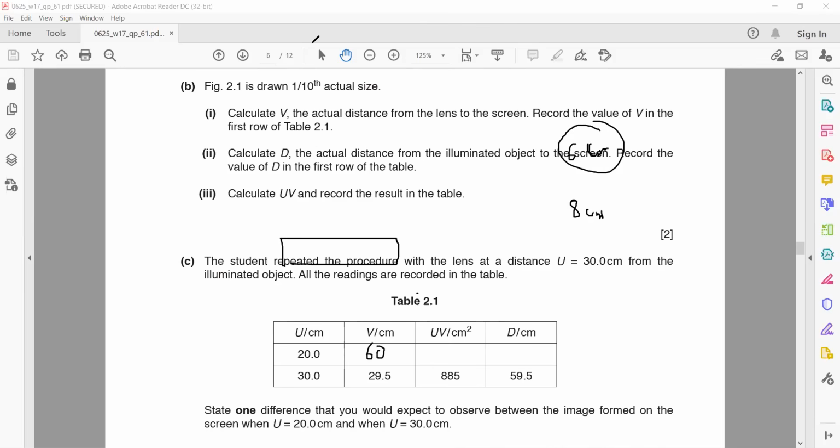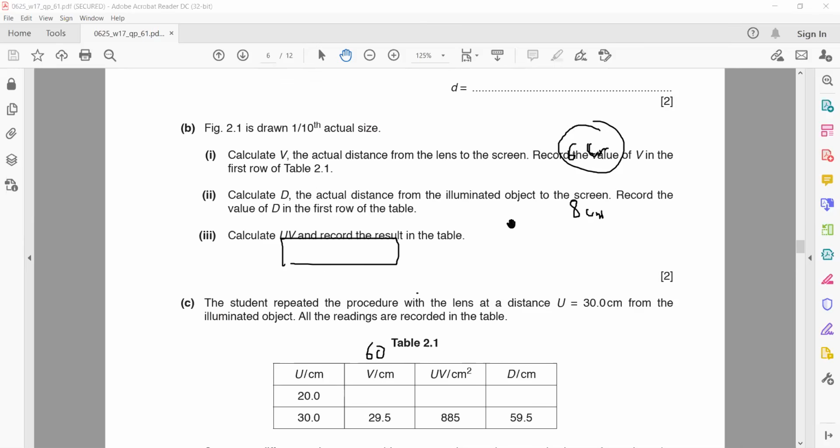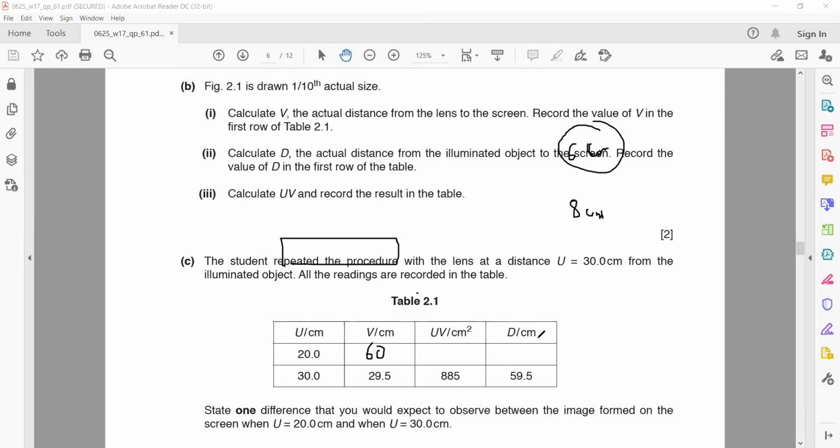And the same thing for D also. Calculate D, the actual distance from illuminated object to the screen and record it. So D is the actual distance, so this will be 60, and the value of D will be 80. Then calculate U multiplied by V and record in the table. When I multiply U with V, 20 multiplied by 60, what is the answer?